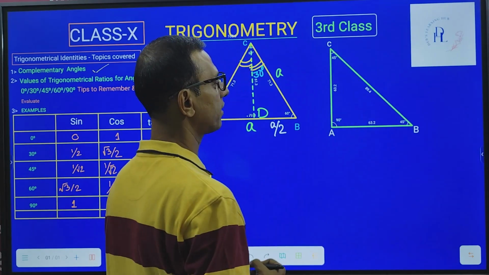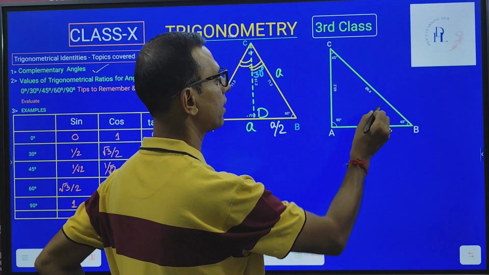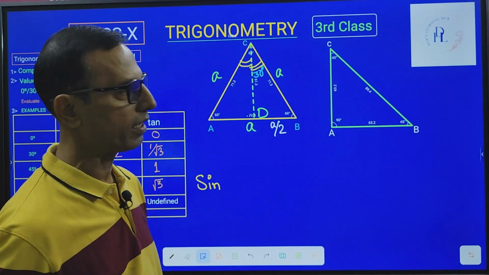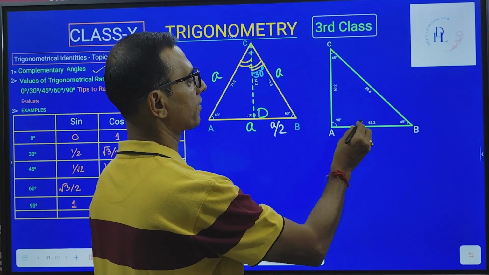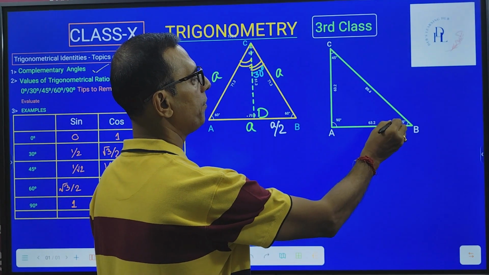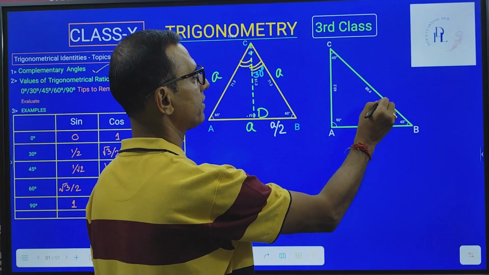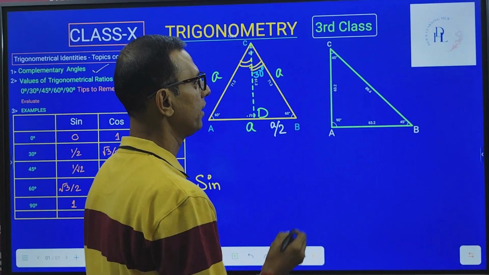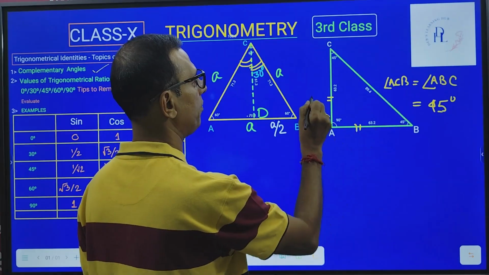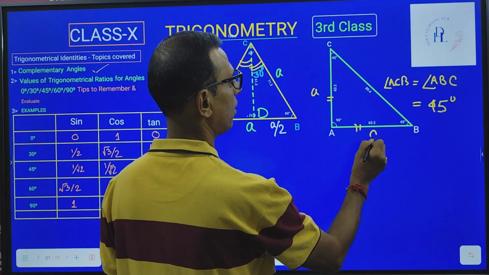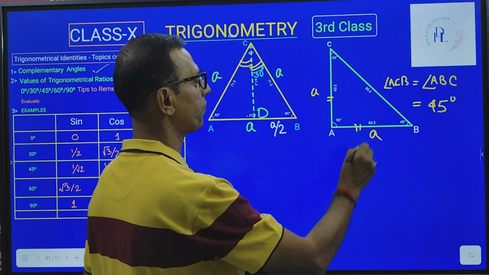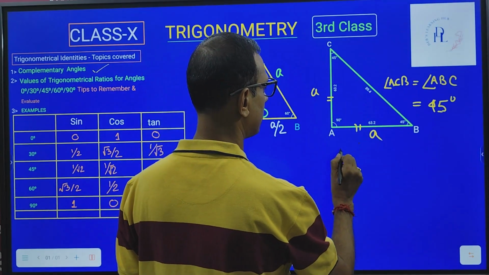Now let's say for this right triangle ABC, you can see this is an isosceles right triangle. That means other than the 90 degree, the remaining angles ACB and CBA are also 45 degree. AC equals AB, both of length A. So what is the value of BC?